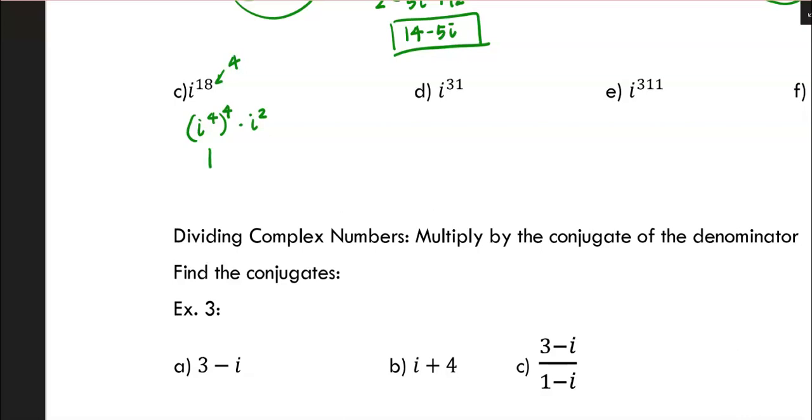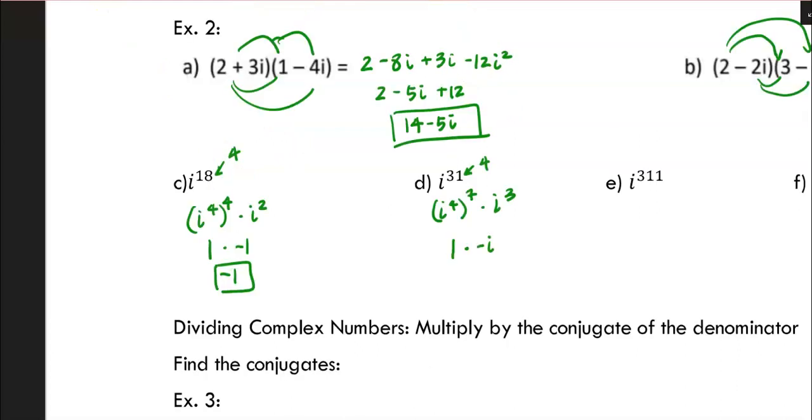And once we figure that out, that just becomes 1 times i to the second, which is negative 1. Let's see how many times 4 goes into 31. I think it's 7 times, and you're left over with i to the third. So that's 1 times negative i, so this ends up becoming negative i.